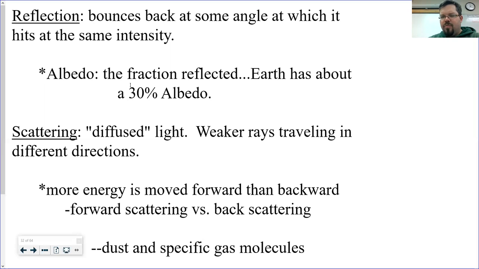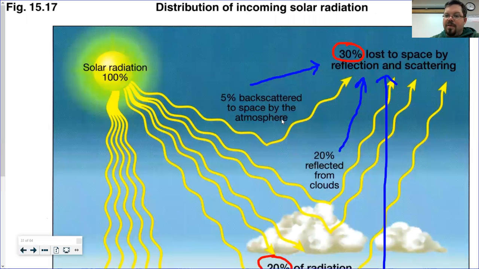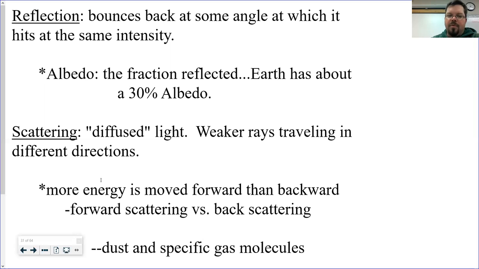Land, water, ice, it doesn't make a difference. Meaning that on average, about 30% of solar radiation is reflected backwards, which makes sense because we just said on the previous slide that 30% is lost to space by reflection and scattering. Now, different surfaces will exhibit different albedos, and we'll return to that.